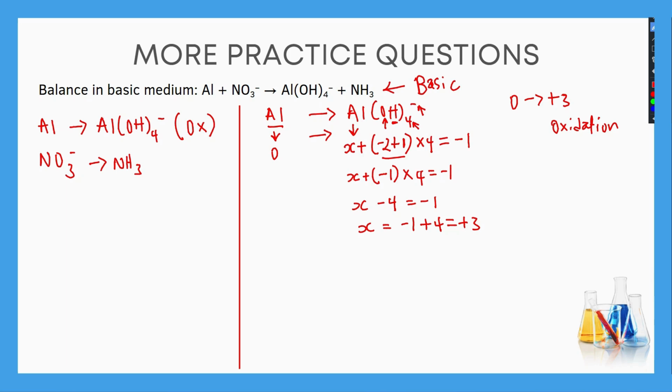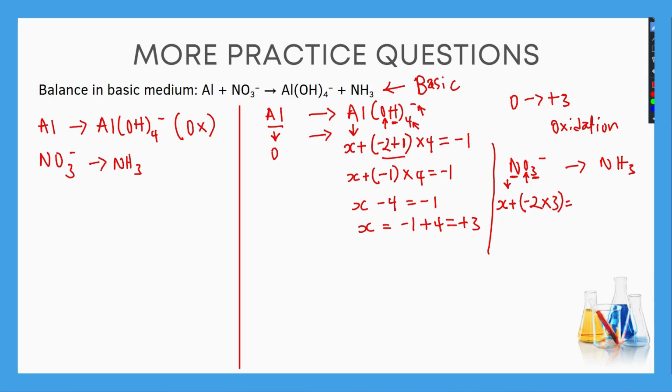Now let's check out the other equation. Here we have NO₃ minus giving us NH₃. Let's find the oxidation number of nitrogen in both compounds. In this case, we do not know the oxidation number of nitrogen, so we call it X, plus, over here we have oxygen, and the oxidation number of oxygen in compounds is -2, multiplied by the number of atoms we have, which is 3.